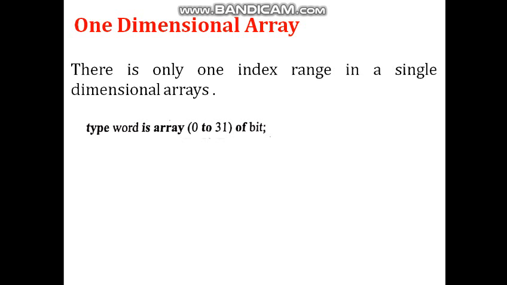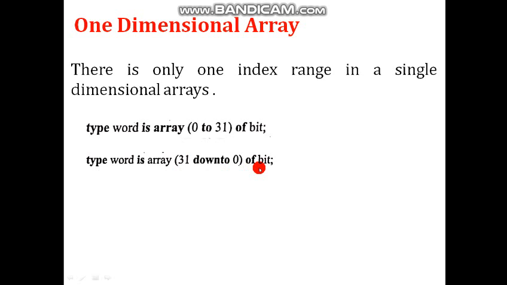An alternative declaration of a word type, more appropriate for a little-endian system, is this one. We can also do a certain example here, that is type word is array 31 down to 0 of bit.